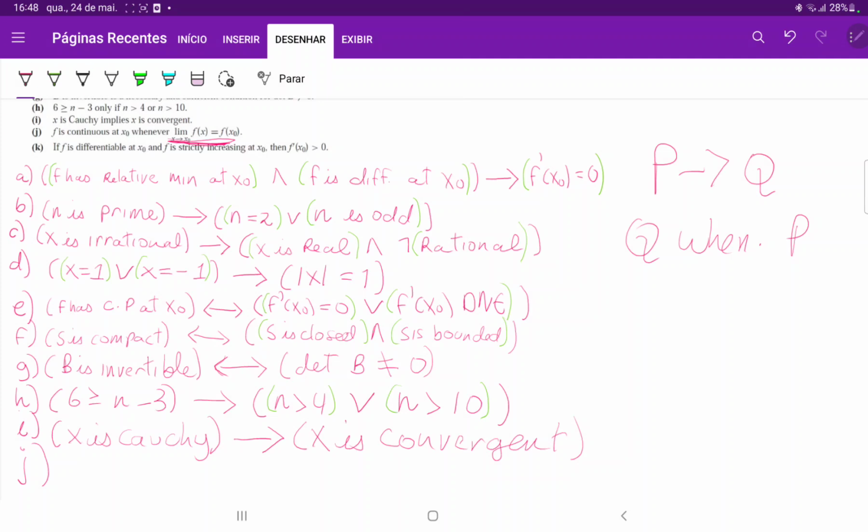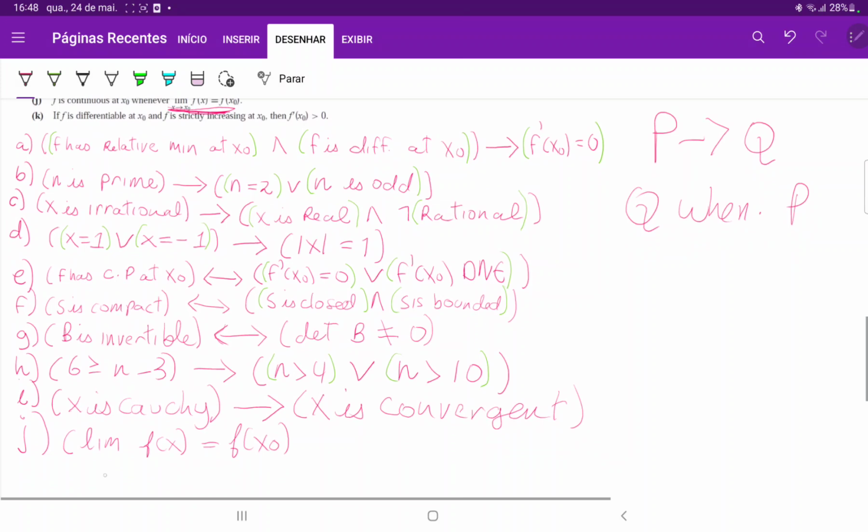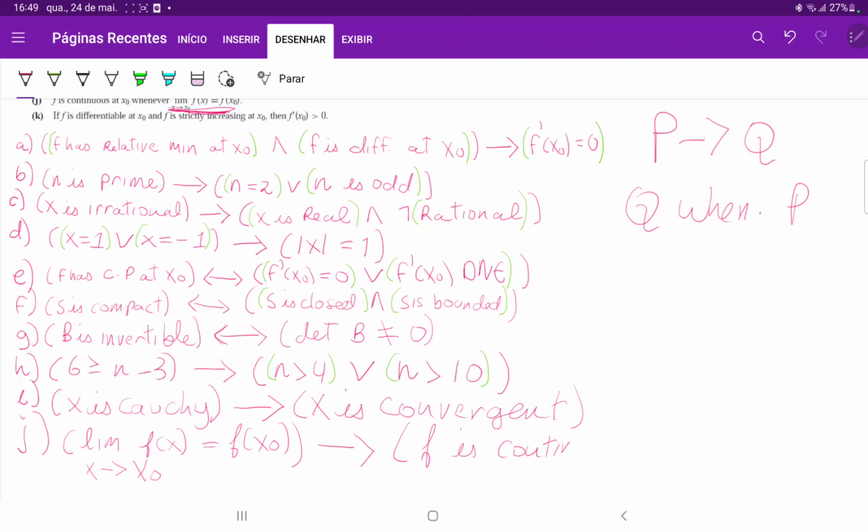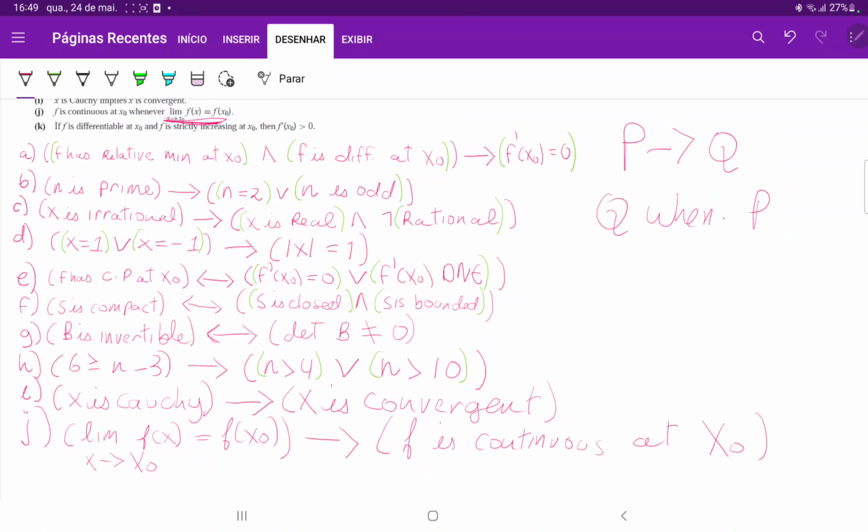So what we're going to say here is that we have a conditional statement where the limit of f of x equals f of x naught as x approaches x naught implies that f is continuous at x naught.